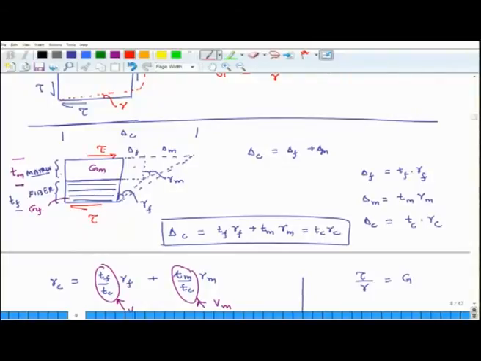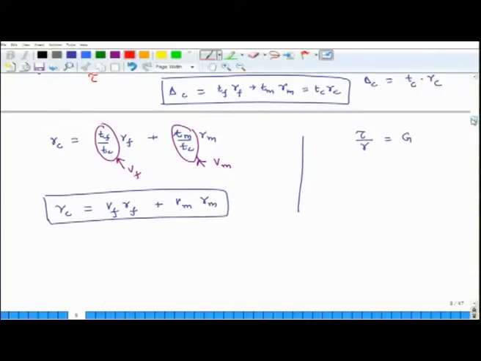Shear stress in the fiber is also tau, and shear stress on the overall composite is also tau. So, this relation gives us that gamma equals tau over G.